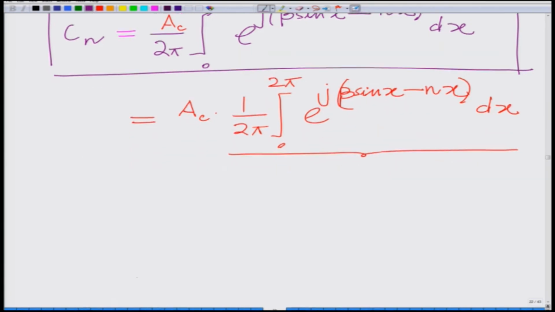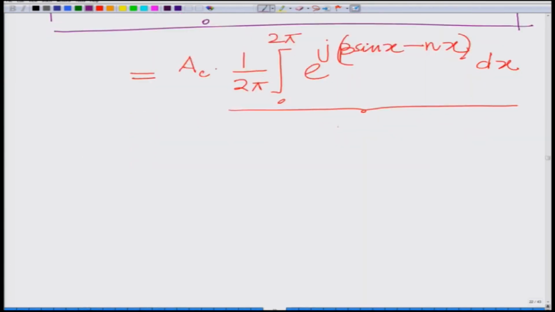This is basically the Bessel function J n of beta, the nth order.